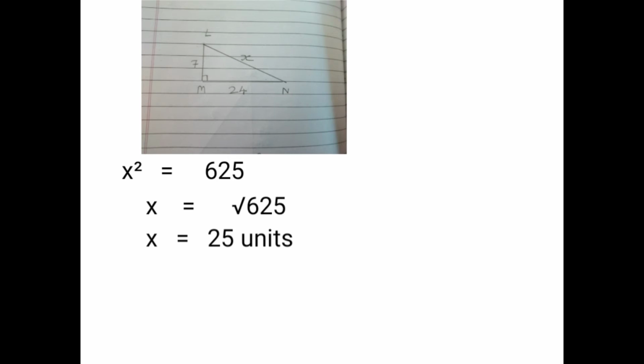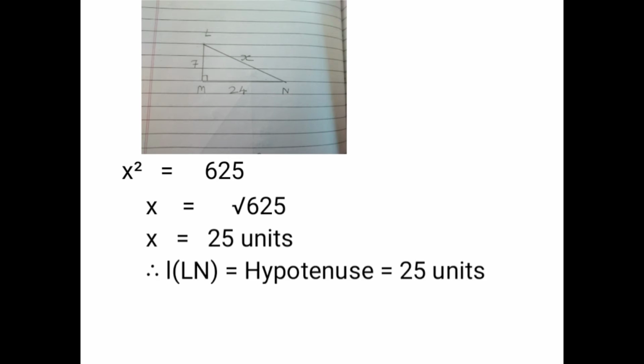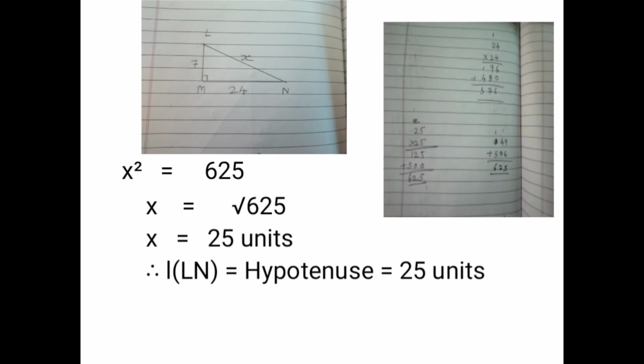Square root of 625 is 25 units. Therefore, length of LN, the hypotenuse, is equal to 25 units. Look here, I have done 25 into 25, and the answer is 625. When you are finding the square root, the number whose square gives it is the square root, and you write that number one time.